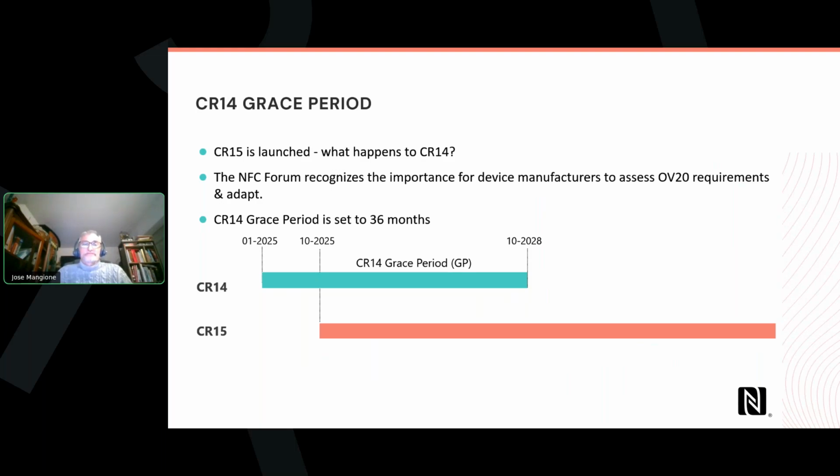But it's not an exhaustive check. We cannot check every single device in the market. So now, in order to deploy CR15, we need OEMs and all our NFC Forum partners to take several steps to understand the OV20 requirements, to test their own existing devices against those requirements, possibly change the antennas, do some new development, retest, etc. This will take time for sure.